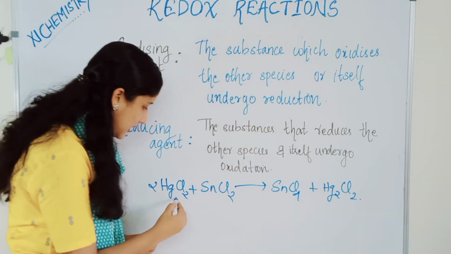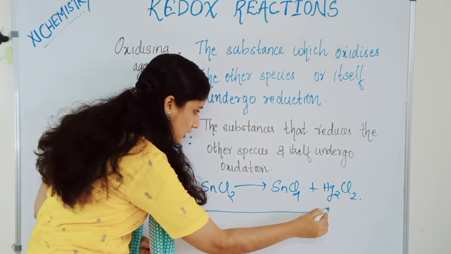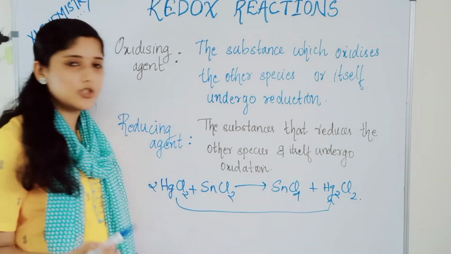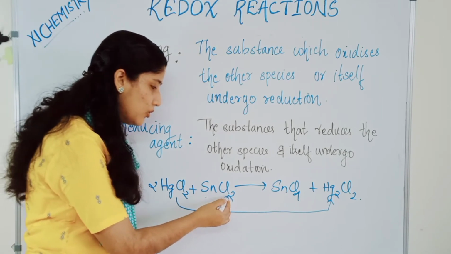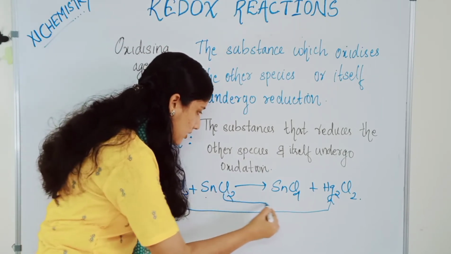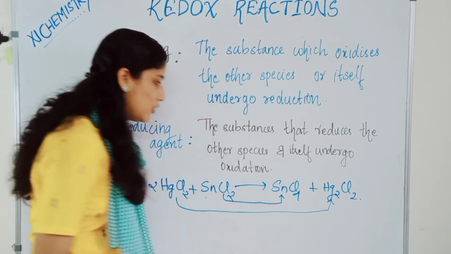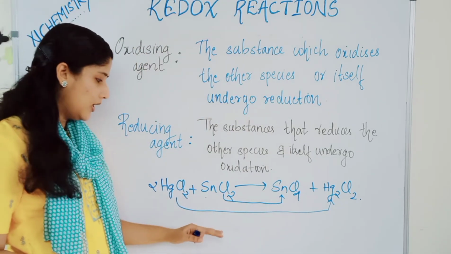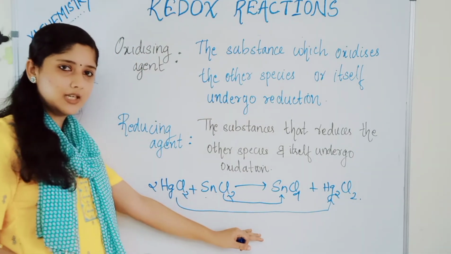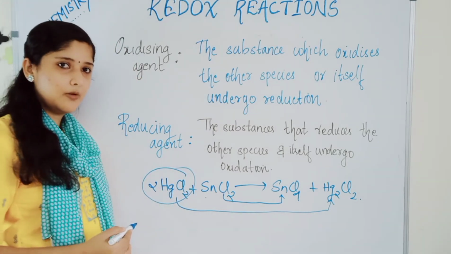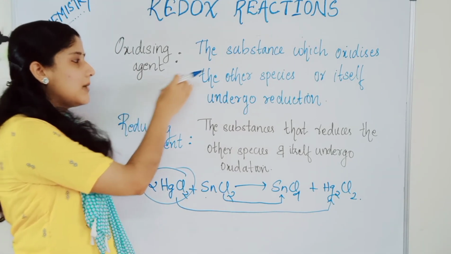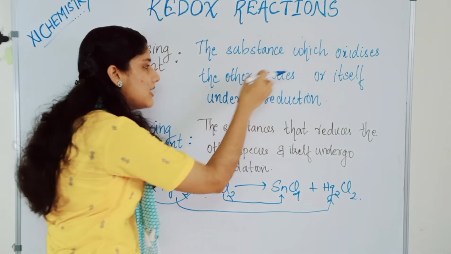HgCl2 reduces to Hg2Cl2. But here SnCl2 undergoes oxidation process to SnCl4. So here reduction happens, isn't it? So it is an oxidizing agent. What is an oxidizing agent? The substance which oxidizes the other species.